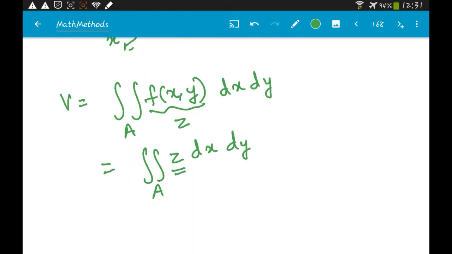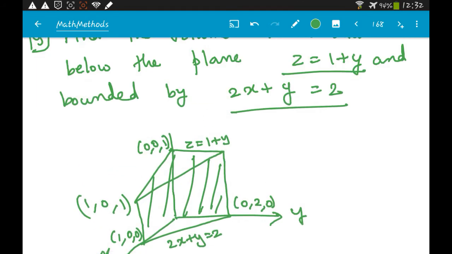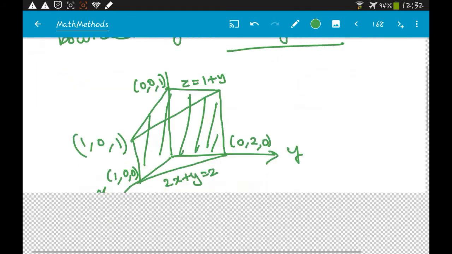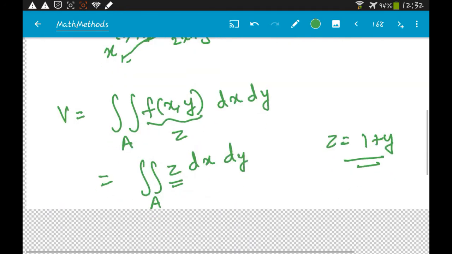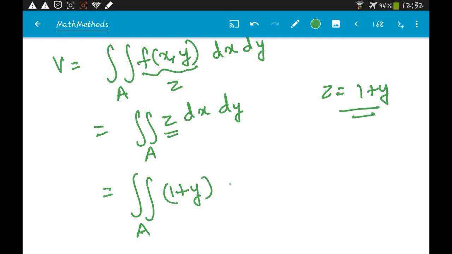So what is z? The equation of z is given by 1 plus y in this case, right? We have seen that here, z is equal to 1 plus y. So we will write the integral over the area of 1 plus y dx dy.